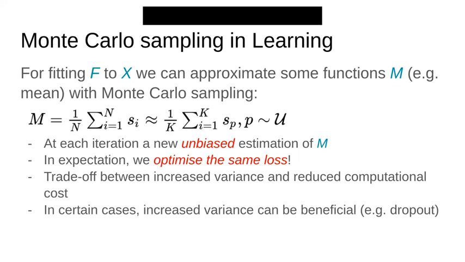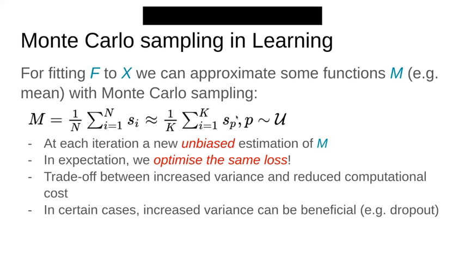For instance, if we compute convolutions, we are computing multiple sums of the scalar product between the filter and the data. And so we can approximate some of this with Monte Carlo sampling. Again, the same formulation as before. Instead of computing the entire mean or sum, we compute only one part of it.